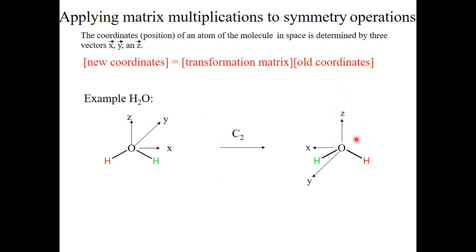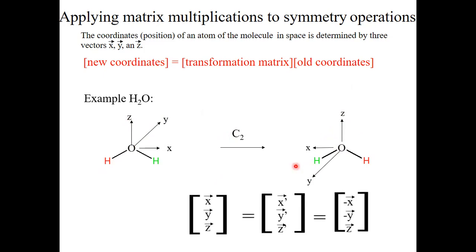So now with this knowledge, we can say that we transform our old coordinates x, y, z into our new coordinates x prime, y prime, z prime, which are minus x, minus y, and z. So you see that we have written the coordinates in a matrix form, namely in the form of a 3 times 1 matrix.